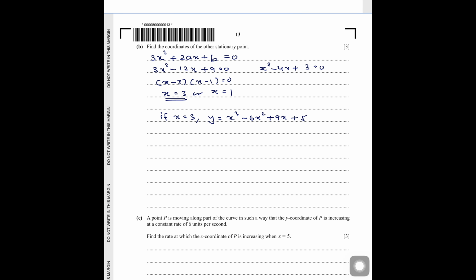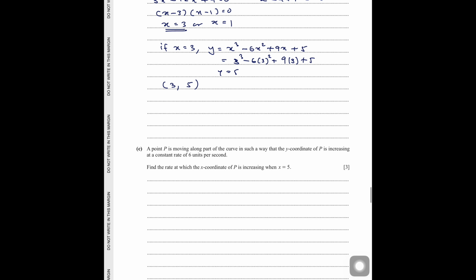So y equals 3 cubed minus 6 times 3 squared plus 9 times 3 plus 5. So I'm getting y is 5. So the other stationary point is 3 and 5.